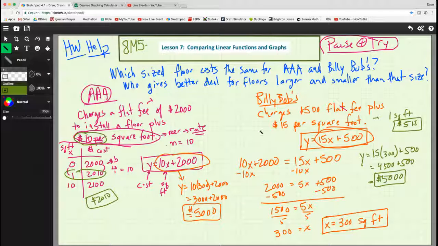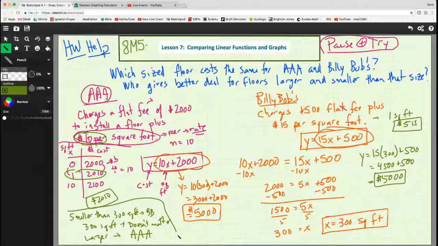So the idea is that for smaller than 300 square feet, we want Billy Bob. For 300 square feet, it doesn't matter. They charge the same. But for larger, we want AAA, because they're going to be the better deal.